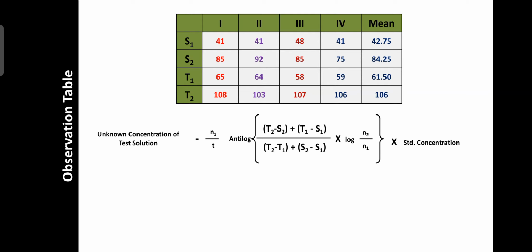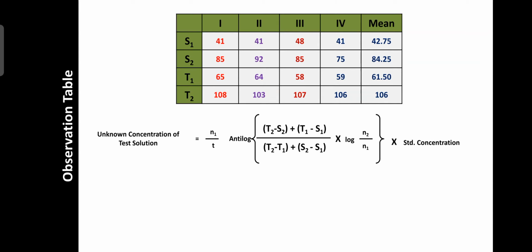To calculate the unknown concentration by the 4-point bioassay method, use the following formula: N1 by T anti-log of the bracket (T2 minus S2 plus T1 minus S1, divided by T2 minus T1 plus S2 minus S1) into log N2 by N1, into the standard concentration.